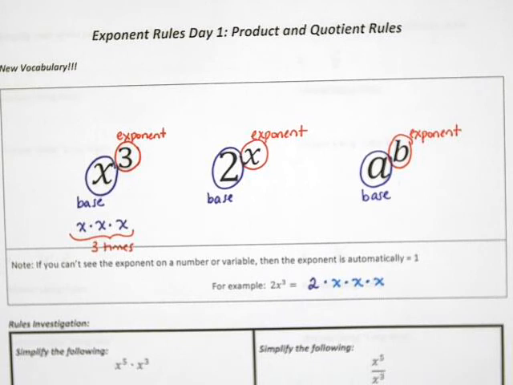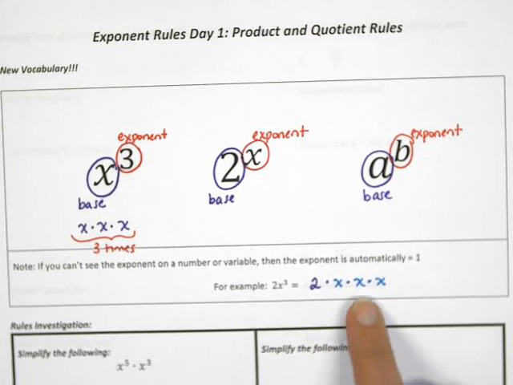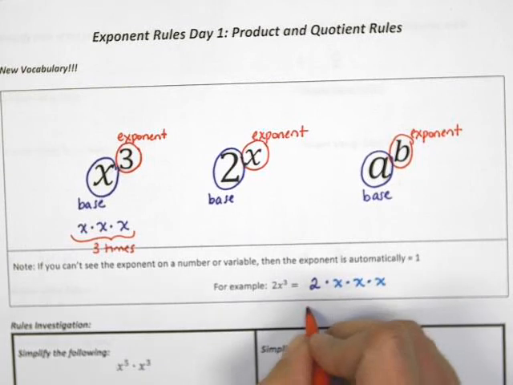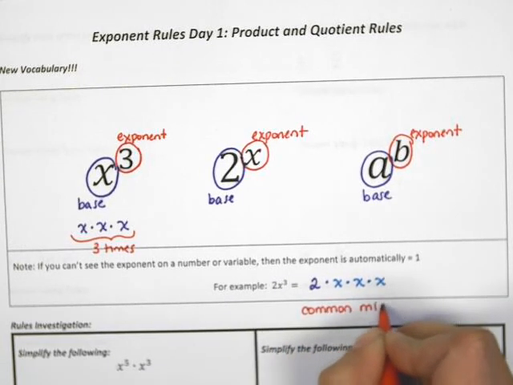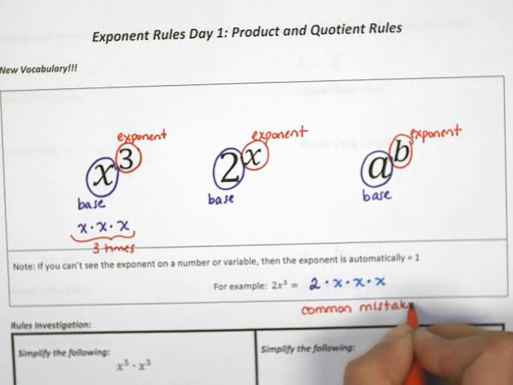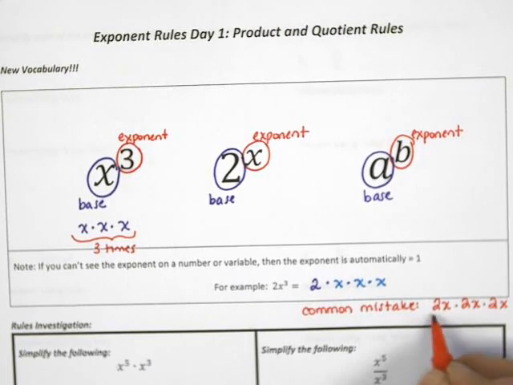One common mistake here would be to write the 2 more than once, for example, to say 2x times 2x times 2x.